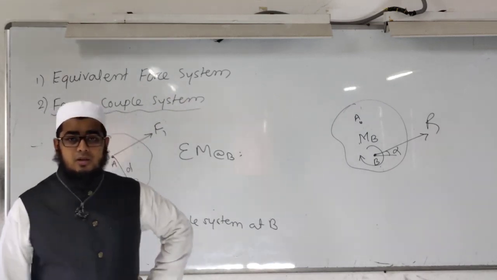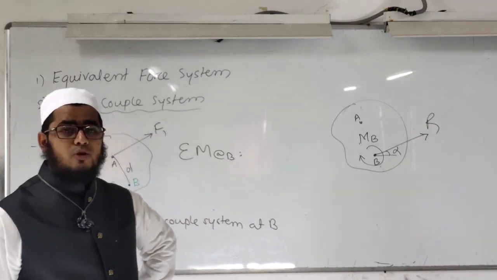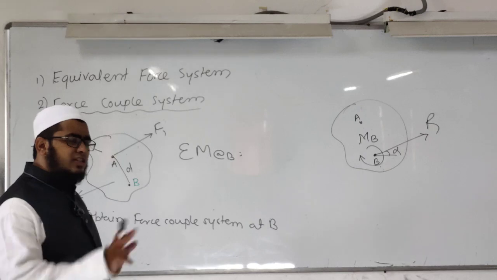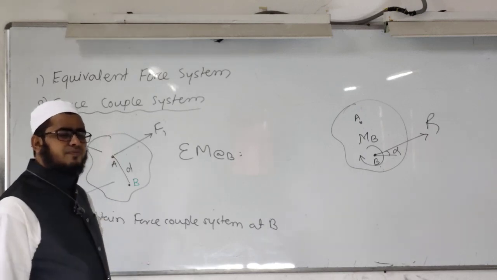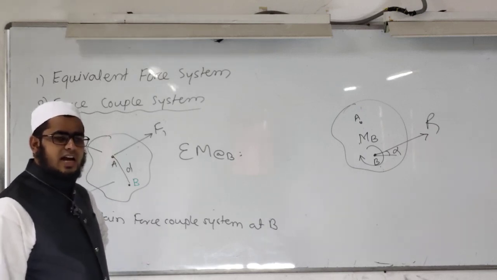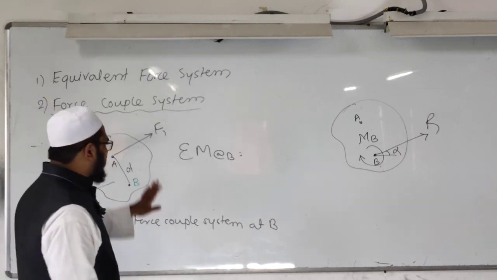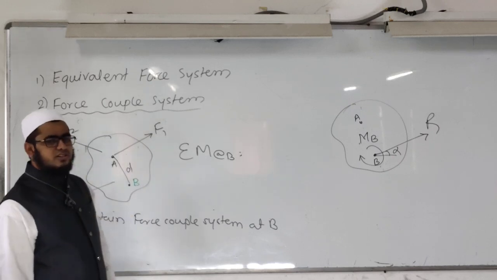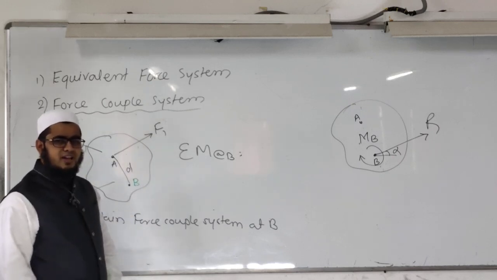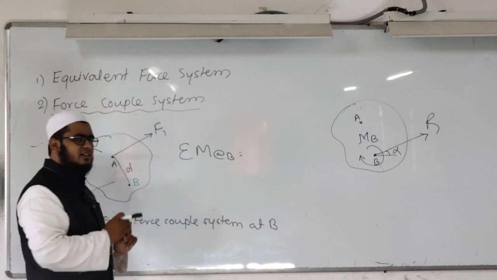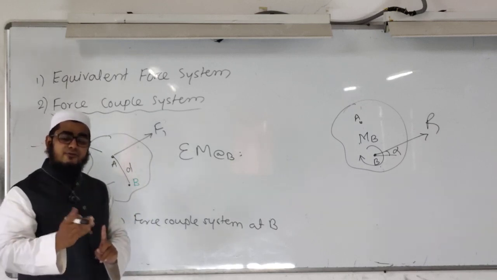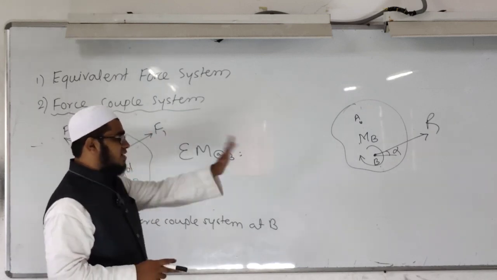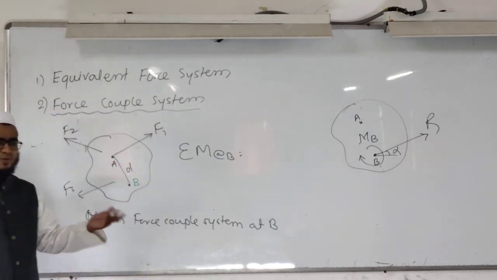But when forces are more than one, first we have to find the resultant of the force system in magnitude and direction. After finding the resultant, I will transfer that resultant to the desired point. Very simple. If a single force is given, directly transfer it. If a number of forces are acting, first find the resultant, and after finding it, transfer it to the desired point. First step is over.